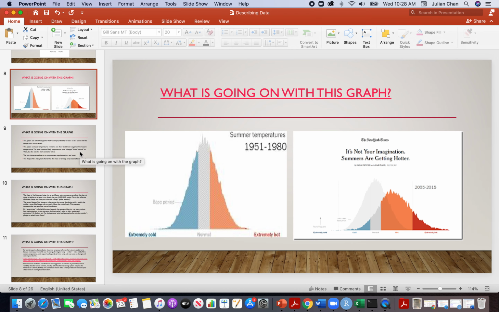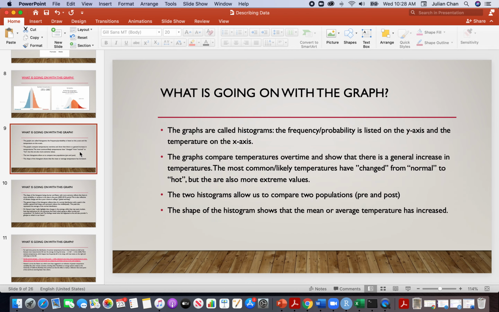So here's a little bit more information about these graphs. These graphs are all histograms, and the frequency or probability is listed on the y-axis and the temperature on the x-axis. You could also list the counts on the y-axis, but that's less likely.